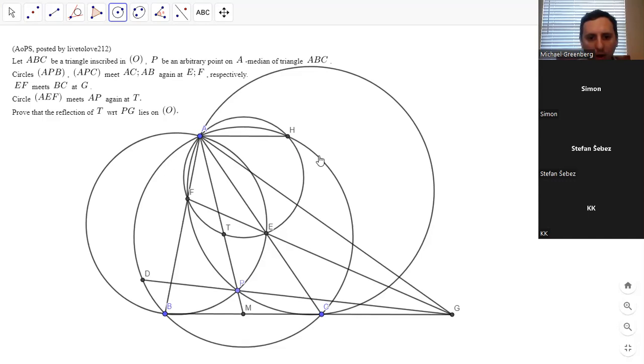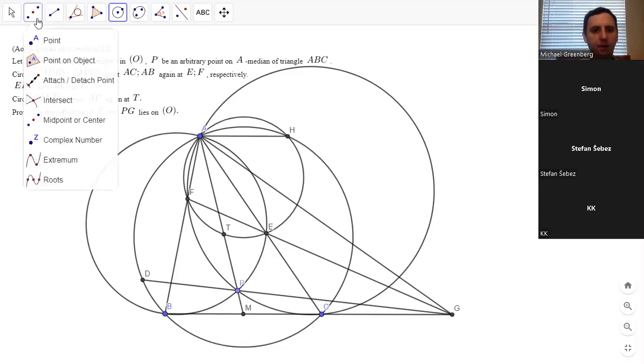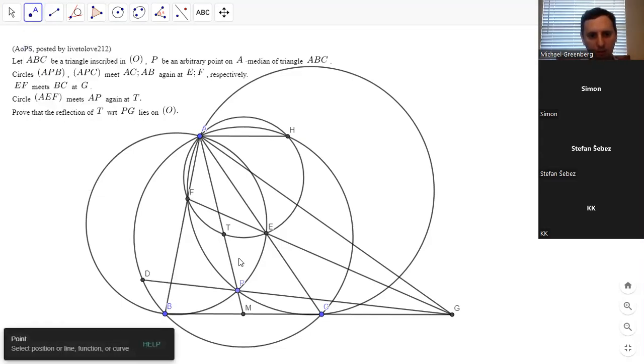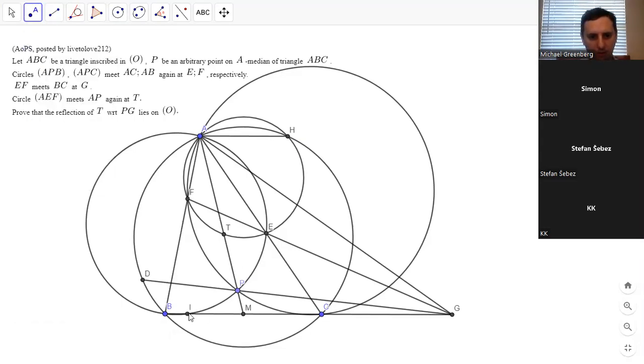So intersect APC and APB with BC. Okay. So by power of a point, MP times MA is MI times MB, and that is MJ times MC.